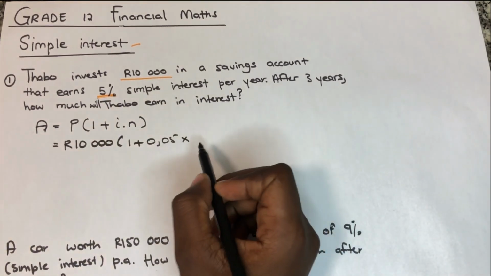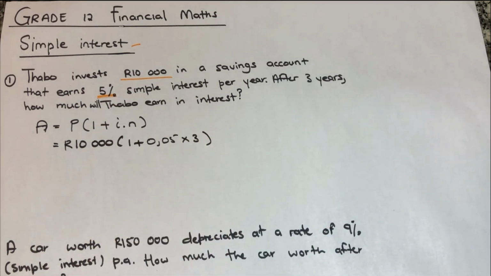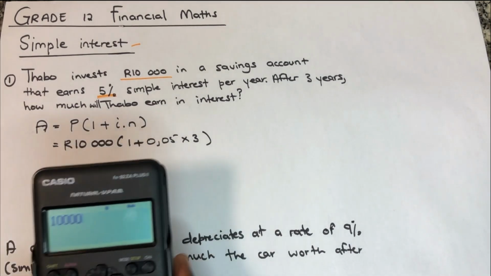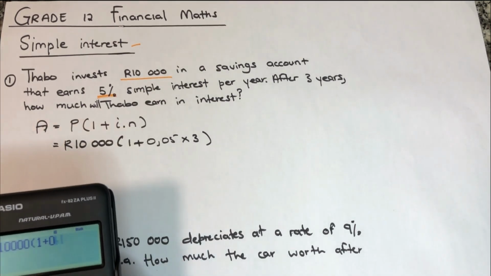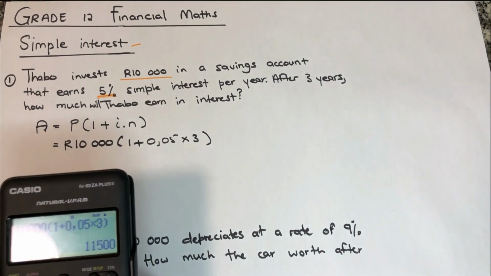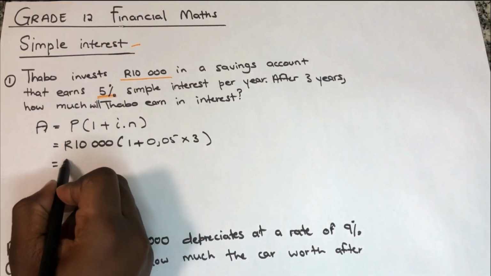In simple interest, the interest rate is multiplied by the number of periods, and the number of periods is 3 years. Let's punch that into our calculators: 10,000 rands times (1 plus 0.05 multiplied by 3), and then we close the bracket. We have 11,500 rands as an answer.